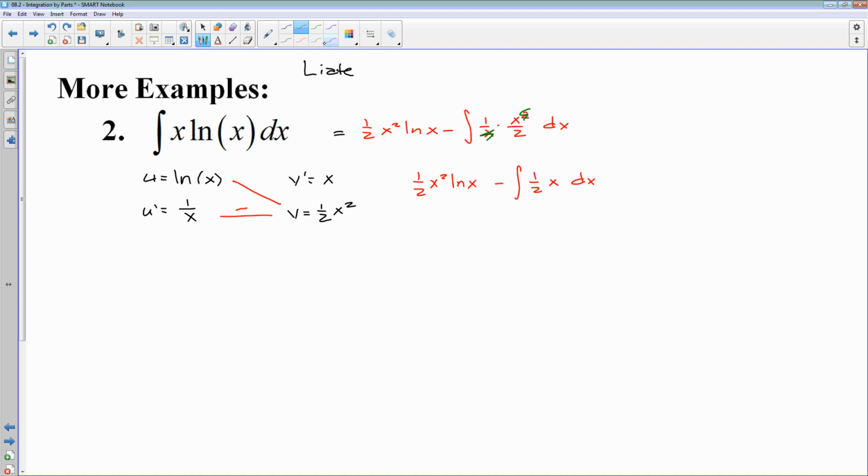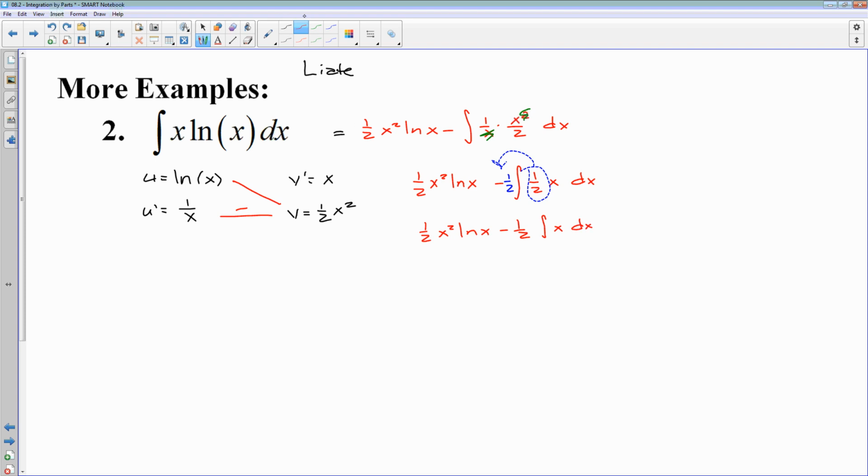Minus that. And then I will pull this 1/2 out here. That's a constant. I can pull that out of the antiderivative. And now I've got 1/2 x squared ln x minus 1/2 antiderivative of x dx.